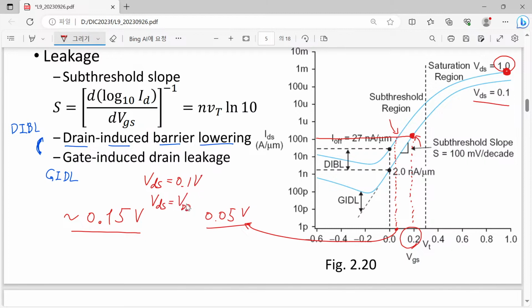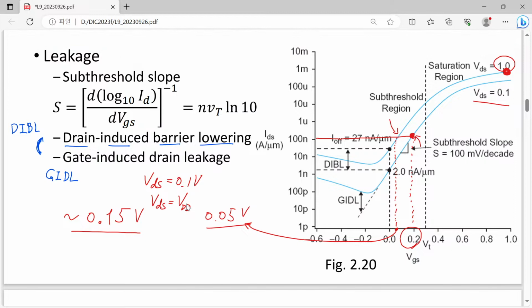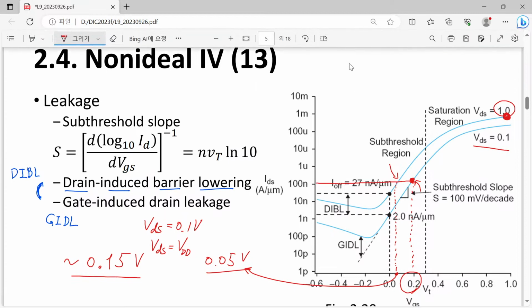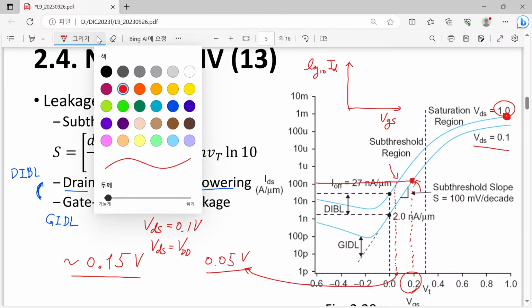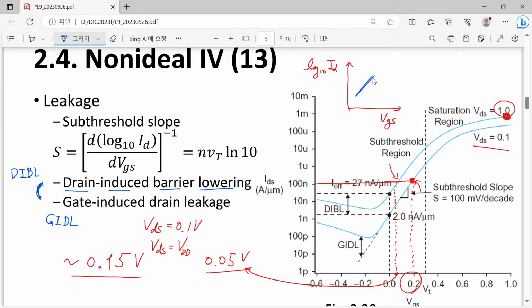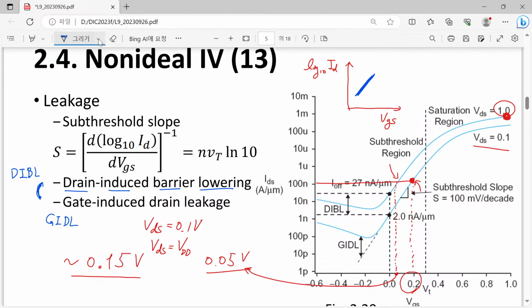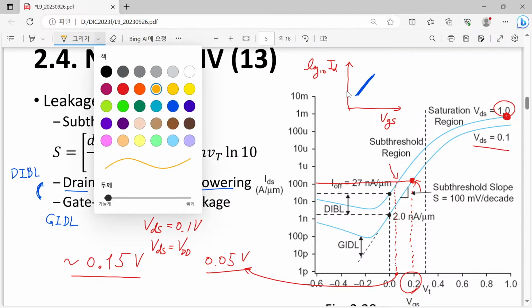So what happens? If everything is ideal, then maybe that will be the case. I mean that if everything is ideal, then when we draw log 10 of ID versus VGS, once again the input characteristics on a semi-logarithmic scale, then at least in this subthreshold region, the two curves will be identical.